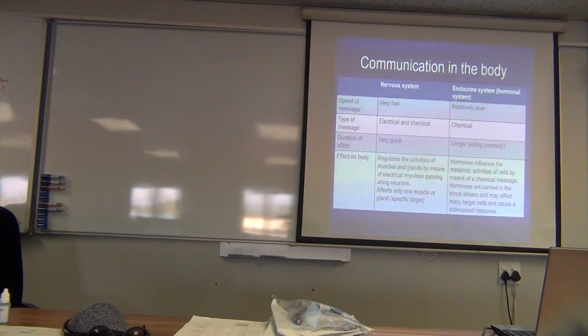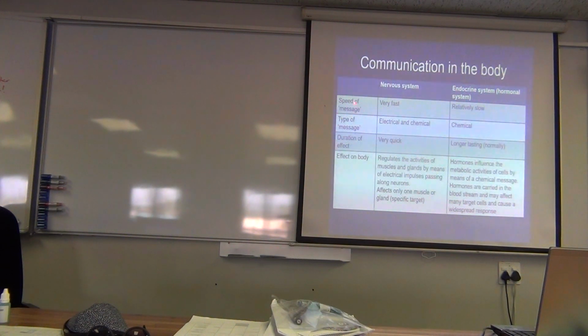Okay, so it's telling you it's a comparison, and it's telling you that it's between an endocrine and a nervous system and various aspects that are being compared here. Okay, in general, it goes like this.